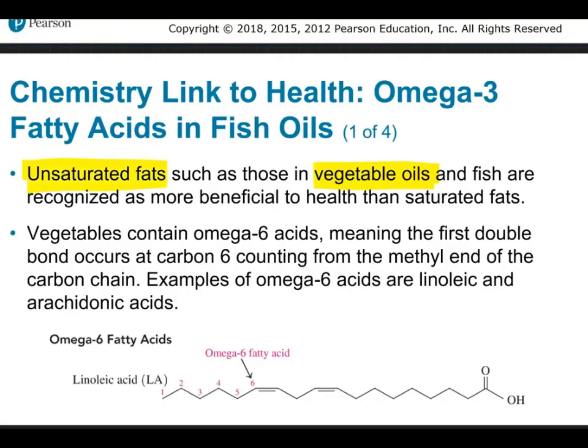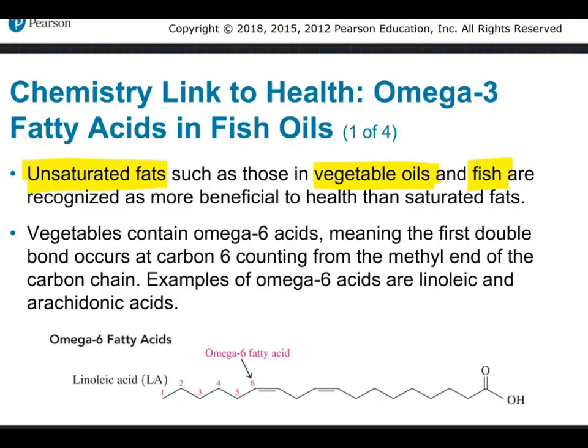Okay, we're going to talk about the benefits to health, and I will comment on that. Another place where you can find this is fish. And we're going to do a little exercise in terms of why fish.